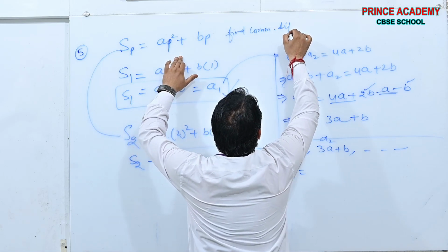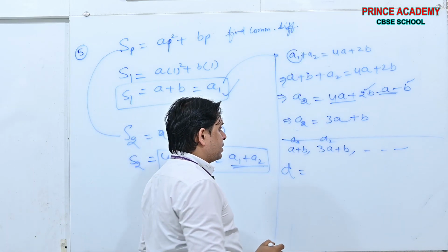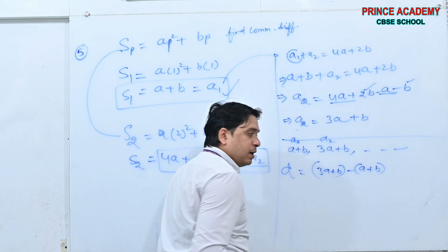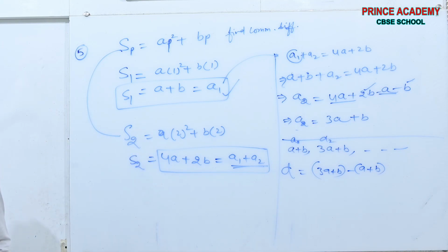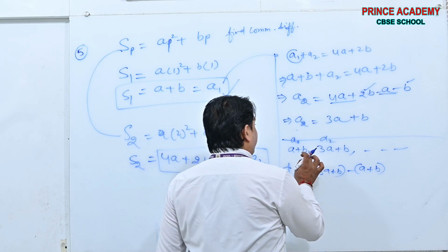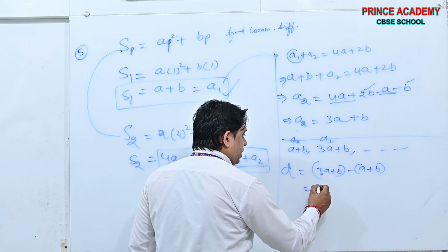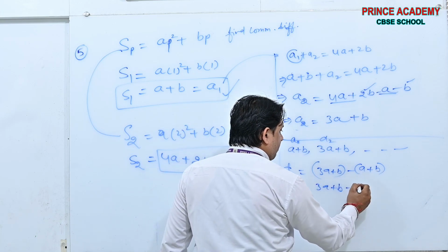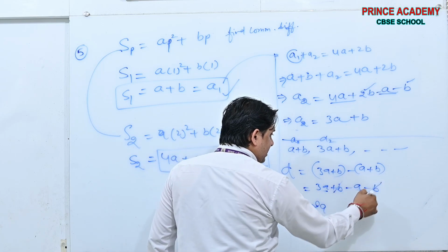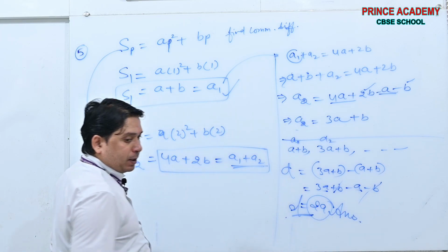The common difference is the difference of two consecutive terms, where the first term is subtracted from the next term. So 3A plus B minus A minus B. 3A minus A is 2A, B will cancel B. 2A is the common difference.